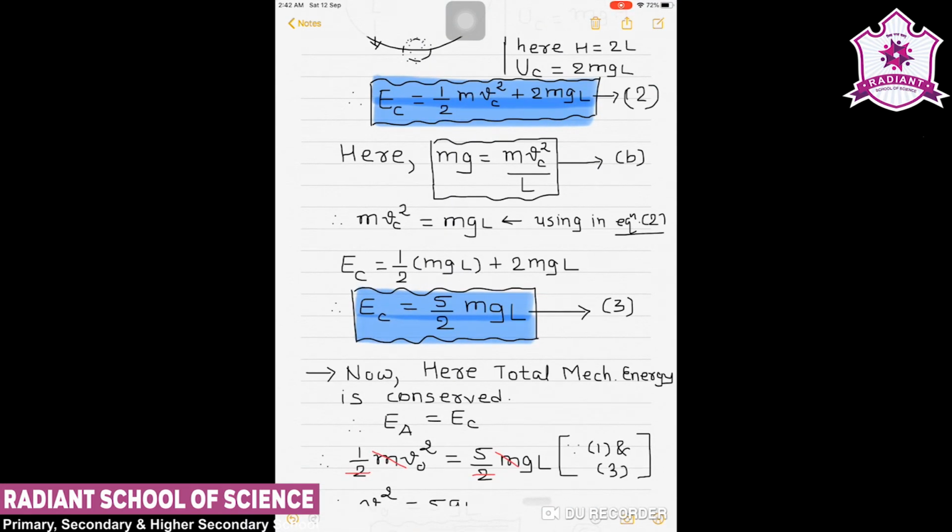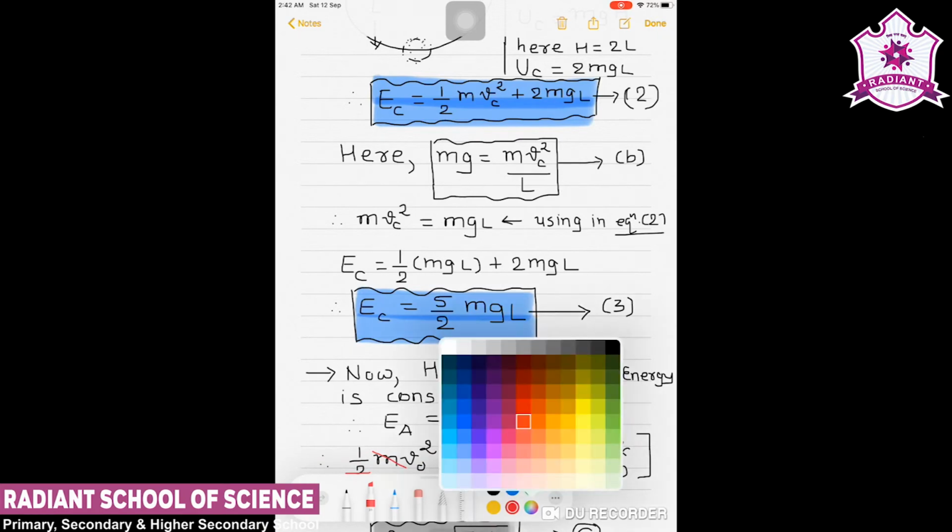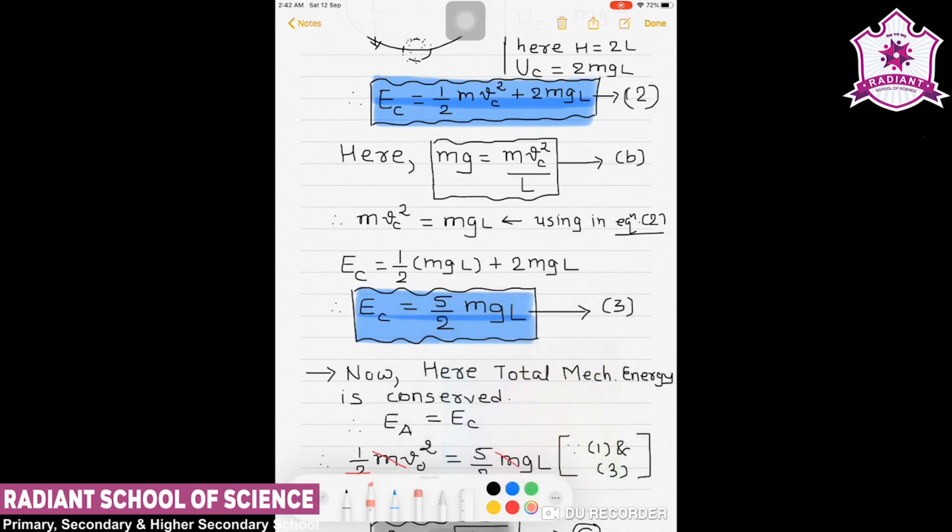In this equation B, we see mg equals m v square over L. Now if we cancel out m, we have vc square equals gL, and on that basis, making vc the subject, vc equals under root gL.